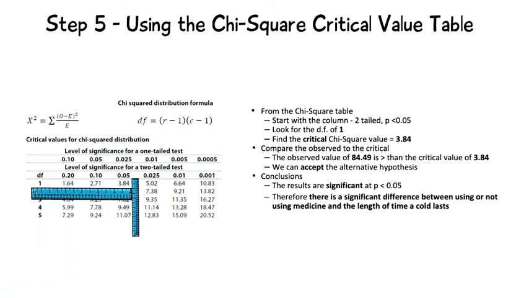Now, the reason that you're seeing those rulers is because I like to make sure that I know which one I'm doing. And then what I like to do is to highlight it. You can also see that because our observed value is greater than the critical value, we can accept the alternative and reject the null. The results are significant, and therefore there's a significant difference between taking or not taking the medicine and the length of time a cold lasts. And that's our final conclusion.